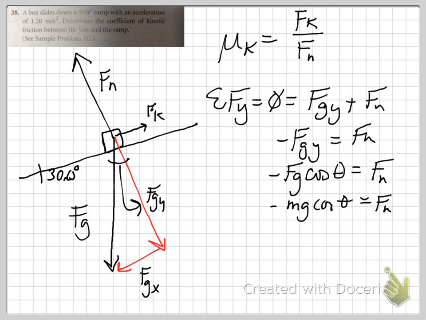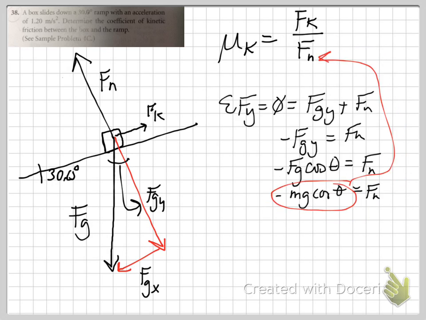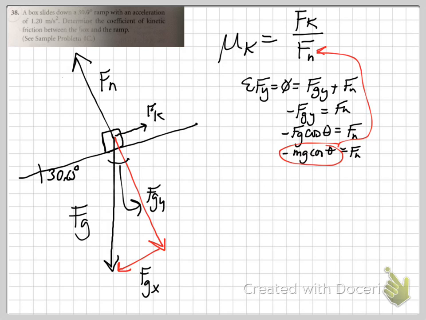Another good reason for creating all those expressions and not solving: in the last problem, if we had done just mass gravity would have still canceled, but anyway. Okay, so we have an expression for Fn, which of course we'll use there. The expression for Fk is going to be a little bit more complicated because we're not at equilibrium. So again, you do have to write the expression.